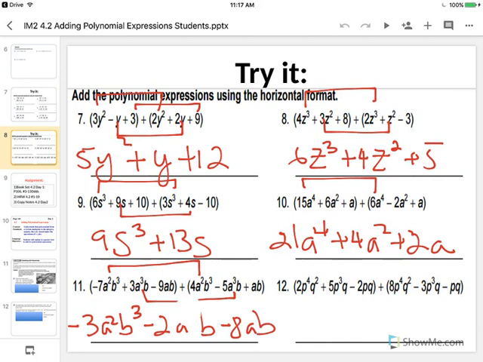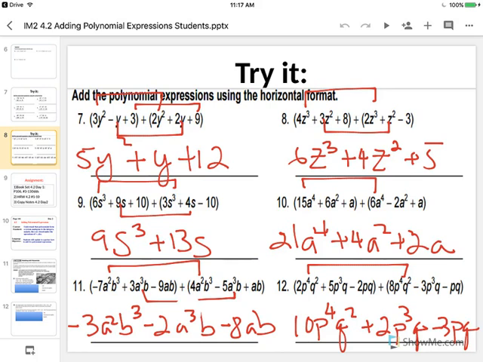Let me change this to a cube. Okay, so please check your answer for number 7 through 12.